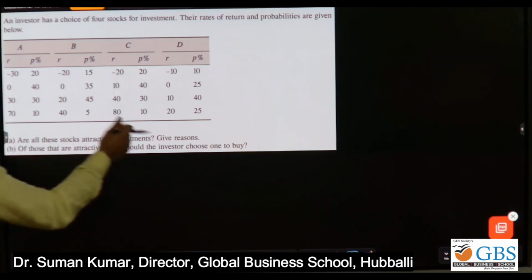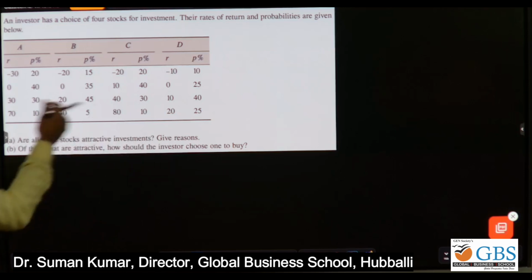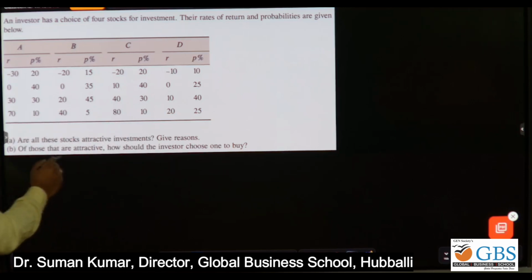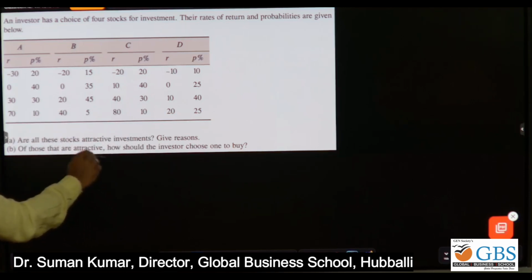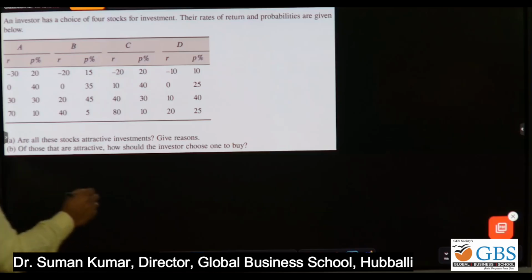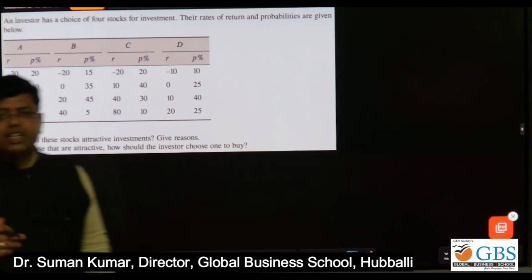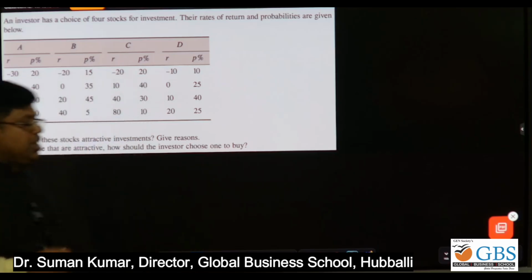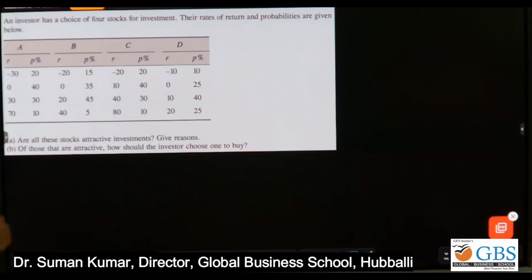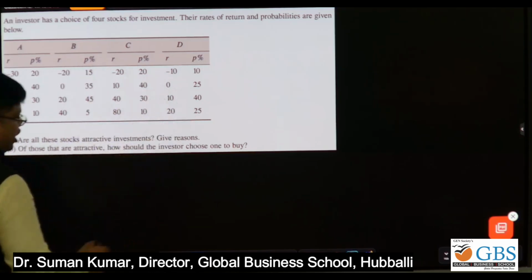If not, we have to give reason. If yes, also we should give reason. Of those that are attractive, how should the investor choose one to buy? On what basis? We know that on the basis of risk and return, we need to choose the script. Okay. So let us find out. I will solve company A or script A. Then rest you can do it on your own.